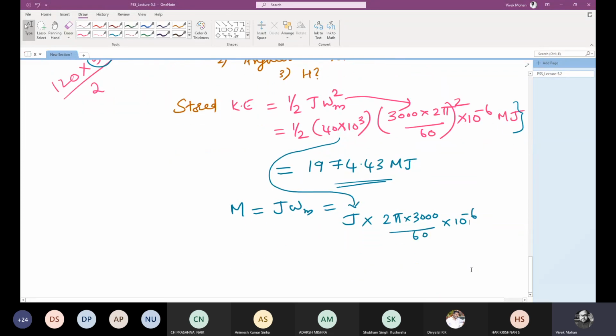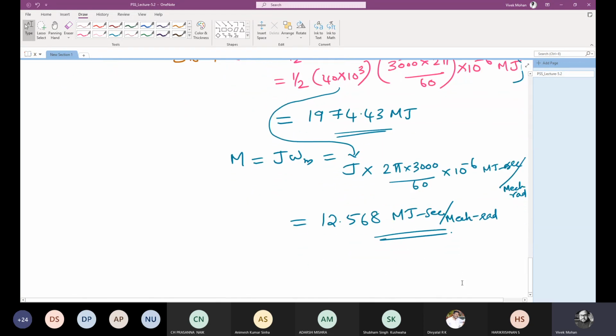What is the unit? Megajoules second per mechanical radian. I think this is 12.568 megajoules second per mechanical radian.